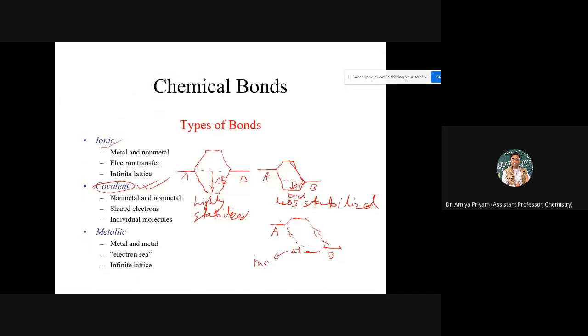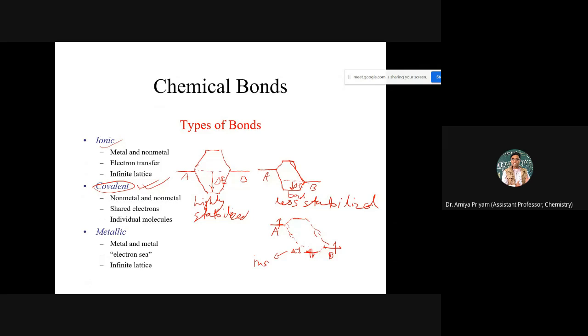If this had one electron and that had one electron, and both came together, the electrons would lie over here. So when the bond is formed, the two electrons are almost lying in an orbital which is almost on B. It has the character of B and not of A, with very little contribution from A and most of the contribution from B. So 95 to 98% it is B type.